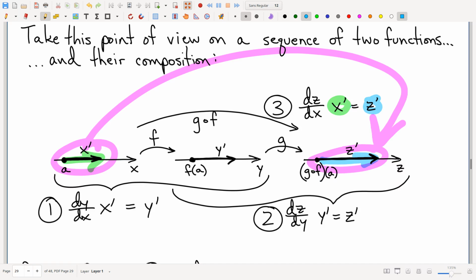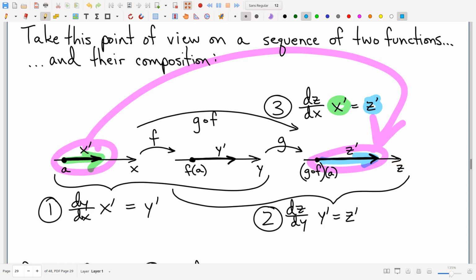Could be a silly question, but is there a reason why we're marking them as prime? Because I've seen that also used to say derivative. I literally mean derivative here. I'm viewing everything as depending on time. This input point, which you might call x, is moving. Imagine a particle moving along the x-axis.